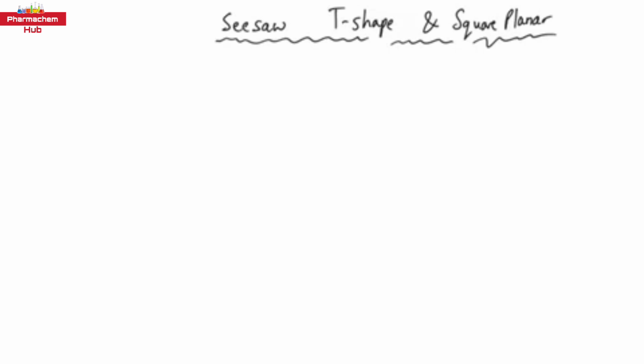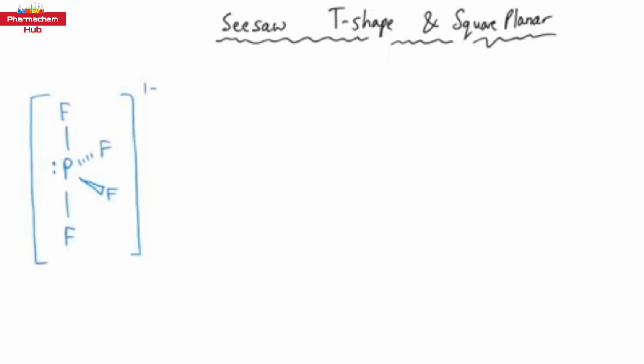So the seesaw arrangement is what you get when you've got trigonal bipyramidal and you take away 1 pair of electrons. Now, I called that a trigonal pyramid previously, but actually we could have taken away the top pair of electrons like I did on the previous page, but actually it's slightly more stable if we take away one of the equatorial atoms, which leaves us with this seesaw looking shape.